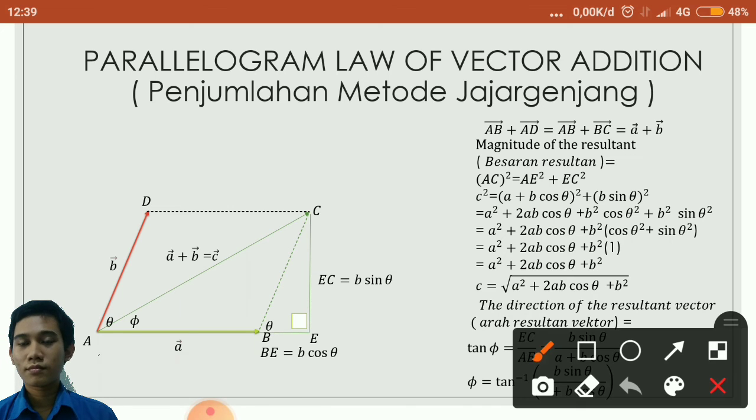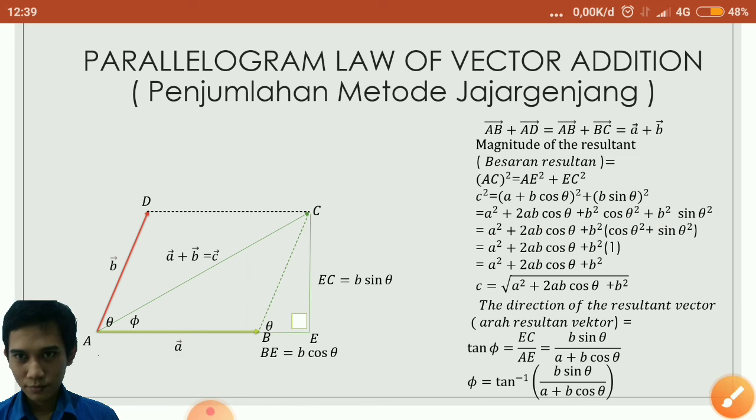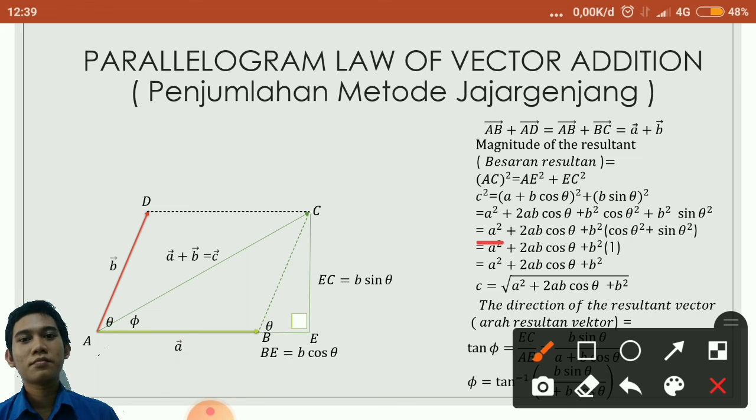So C squared equals A squared plus 2AB cos theta plus B squared cos squared theta plus B squared sin squared theta, equal to A squared plus 2AB cos theta plus B squared times cos squared theta plus sin squared theta.